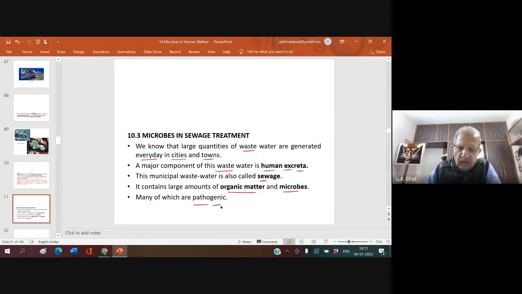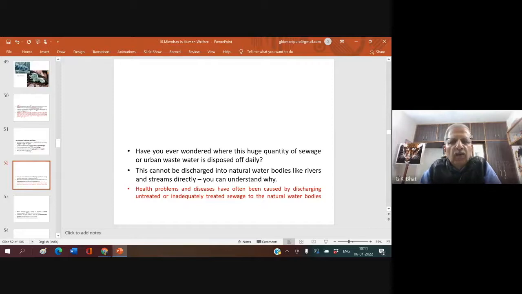Now, let us see how to treat that. Have you ever wondered where this huge quantity of sewage or urban wastewater is disposed of daily? No, we never bother because we don't have any time to know about all that. But it is sure that from every city, it should get disposed of daily.